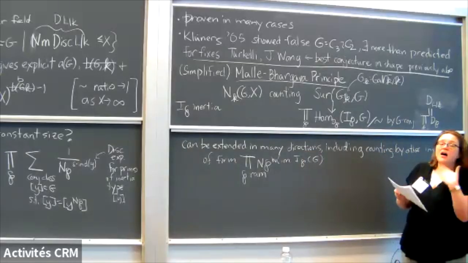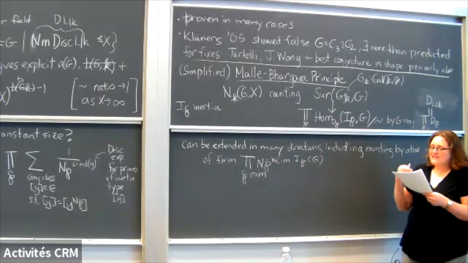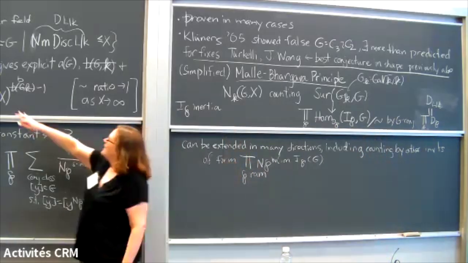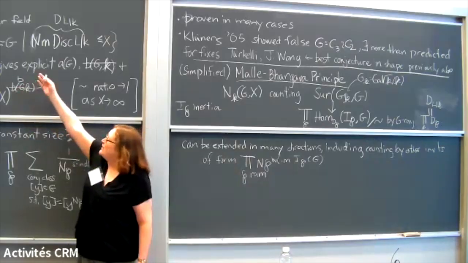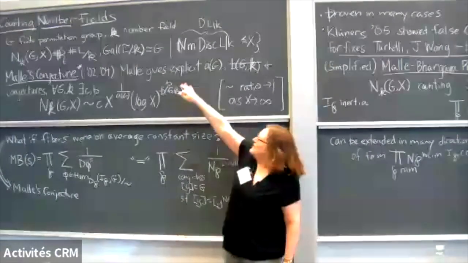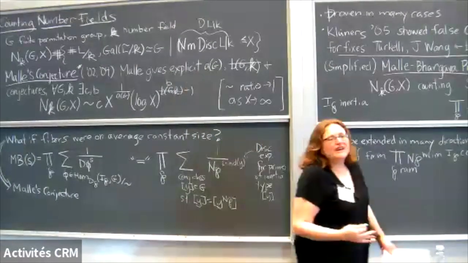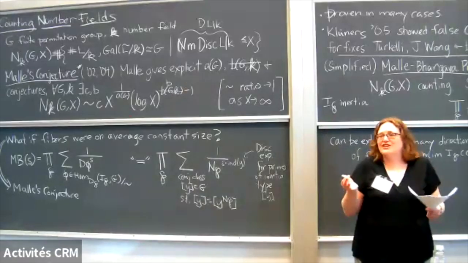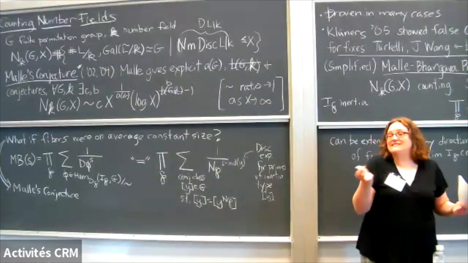Indeed, Malle's conjecture already does this. It already counts fields by multiple invariants, because in this permutation group form, when you're counting a non-Galois field that generates its Galois closure, you could have just as well counted its Galois closure.